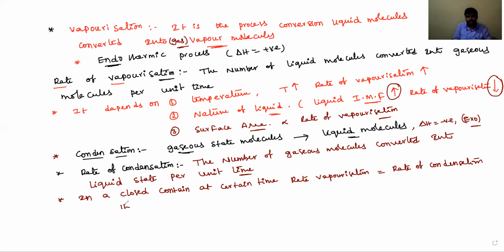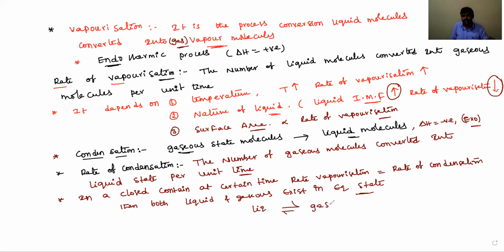Then both liquid and gas exist in an equilibrium state. Okay, students, both exist in an equilibrium state, meaning the liquid molecules and gaseous molecules exist in equilibrium at a certain time period in a closed vessel.